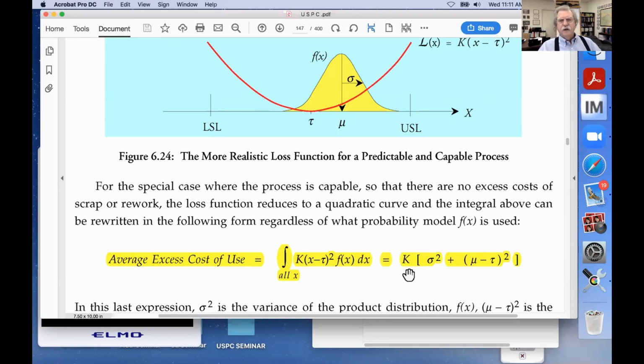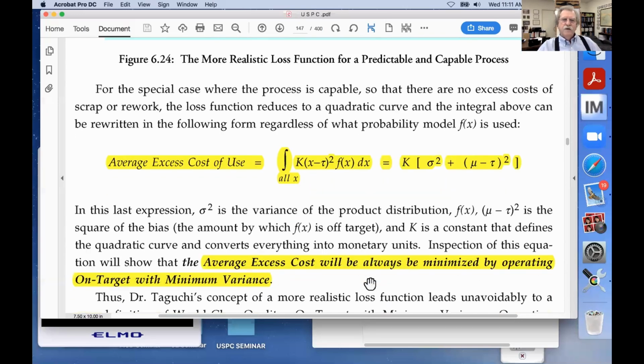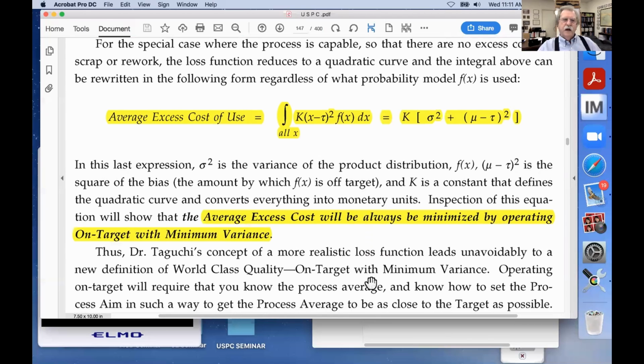K is a constant that converts it into monetary units, usually yen. Sigma squared, of course, is the variance of the product stream. And mu minus the target is the bias. How far off target are you, squared? So this average excess cost of use will be minimized only by operating on target with minimum variance.